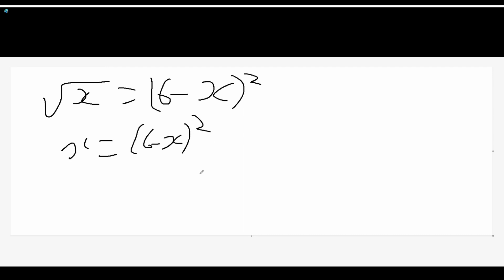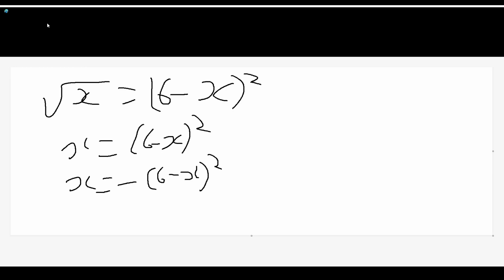And you can expand that and you can solve it and everything's fine, right? But because we are squaring it, we're not just finding this, we're also finding x equals negative (6 minus x) squared. So what ends up happening is that you need to check your answers once you've got your roots, because sometimes one or two of them won't always satisfy the equation, which means that you have got faulty roots.